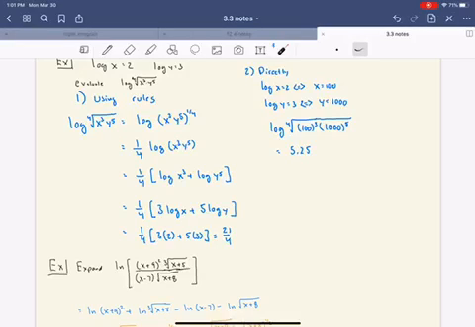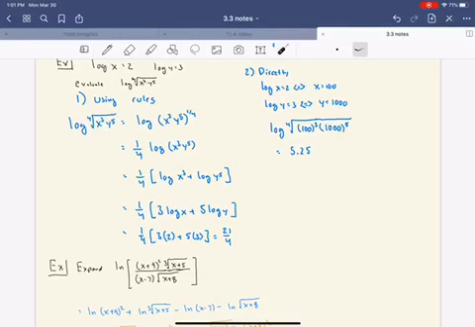Now we were given, way up here, log of x equaling 2 and log of y equaling 3. So we get 1/4 times 6 plus 15. 6 plus 15 is 21, divided by 4. Okay, so that was using the rules.